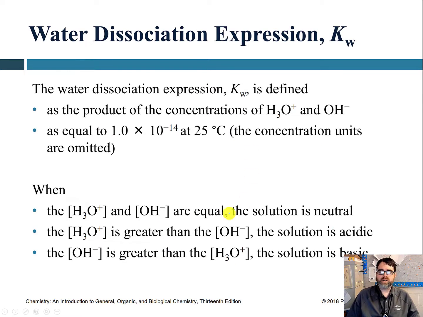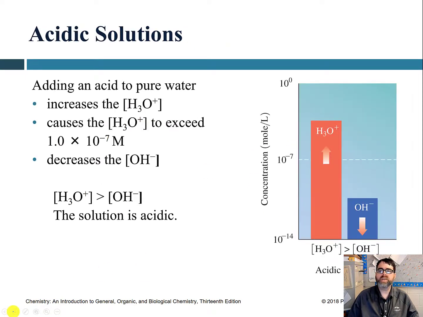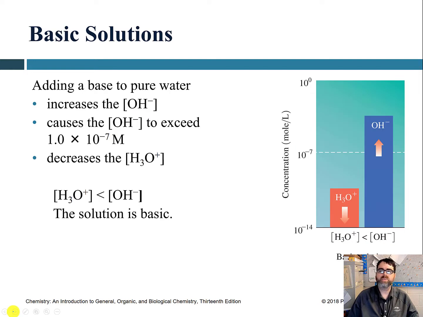Anyway, this kind of just goes through what we just described and what was listed in the bar chart earlier. This simply says that in acid, a hydronium is more common, and in base, hydroxide is more common. You know that already from our Arrhenius definition and Bronsted-Lowry definitions. Pure water is neutral. That's been mentioned already, so we're just going to keep moving here. Acidic solution, hydronium more common.